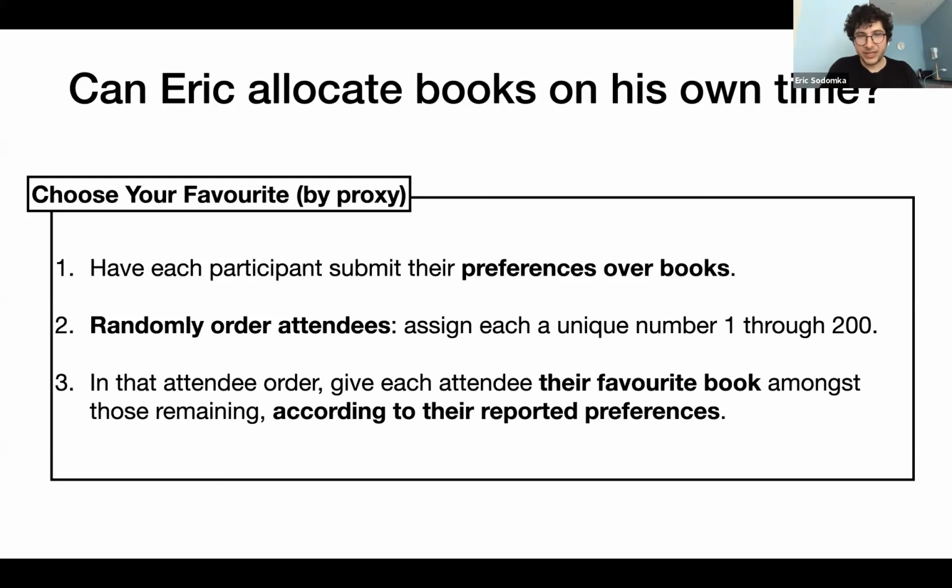Then I will randomly order attendees, randomly assigning everyone a number. And the way that I will decide who gets what book is, I'll choose whoever got the first number, and I will give them their favorite book that is available according to the list of preferences that they submitted. So that's equivalent to having everybody line up, but I'm making the decision on behalf of everybody.